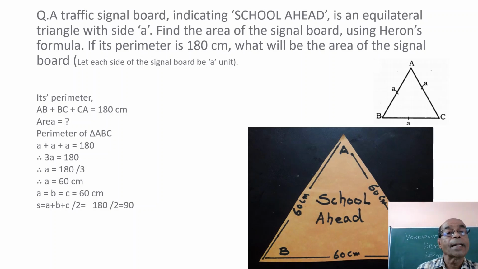First we have to find the perimeter, that is AB plus BC plus CA, which is equal to 60 plus 60 plus 60, 180 centimeter. What is the semi-perimeter? Semi-perimeter is A plus B plus C divided by 2, that is 180 divided by 2, equal to 90 centimeter.